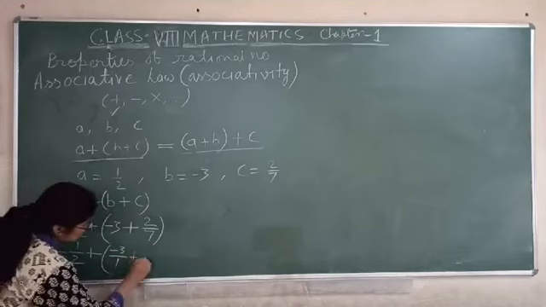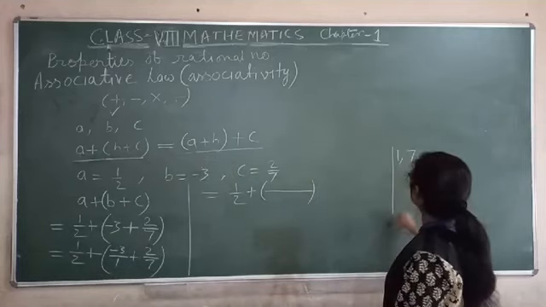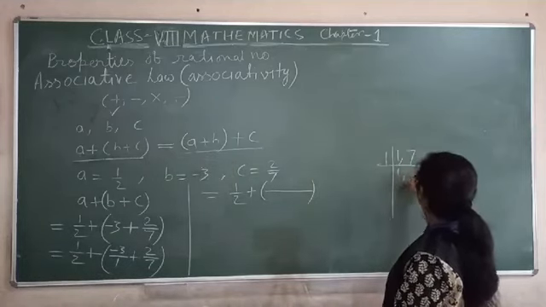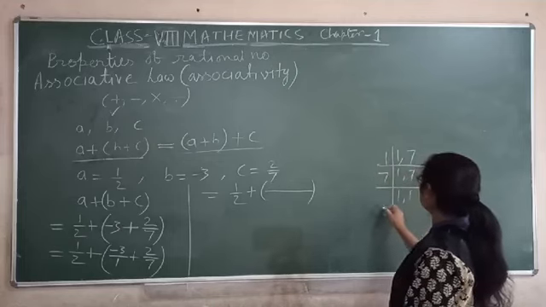Then 1 by 2 plus, within bracket, now we have to find out the LCM of 1 and 7. You can write 1 and 7, then divide by 7, you get 1 and 1.